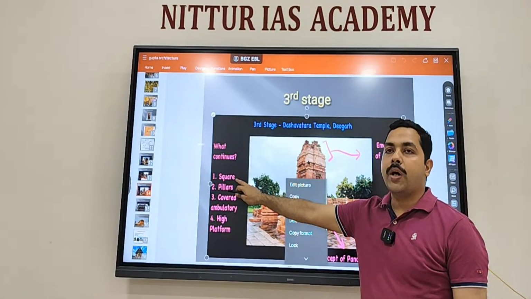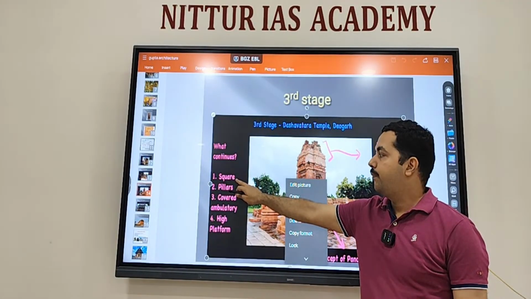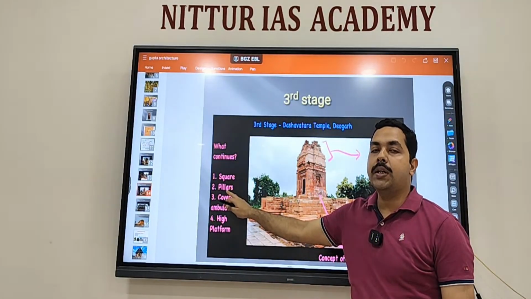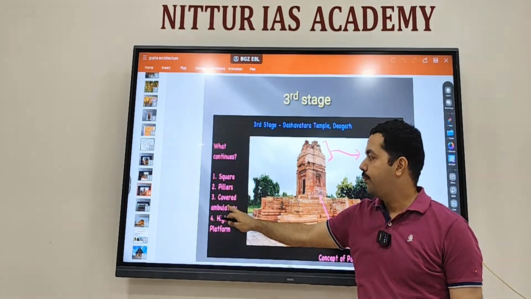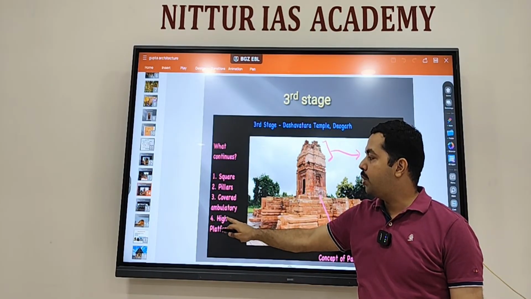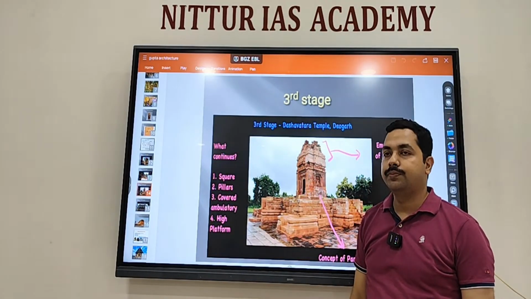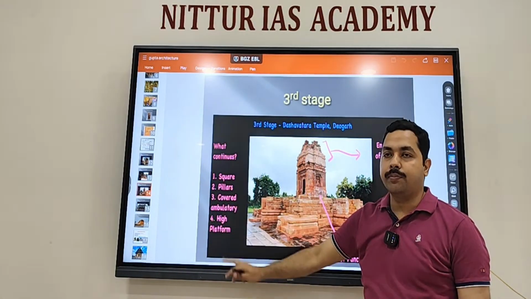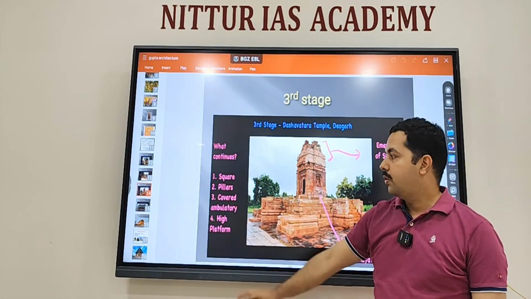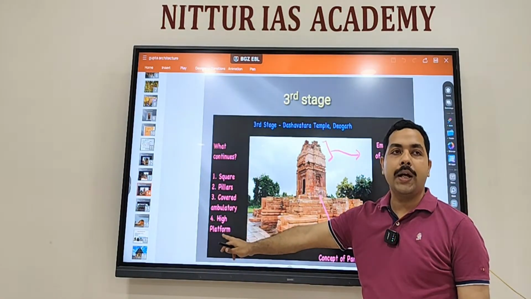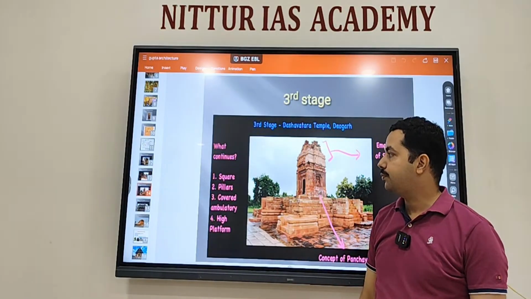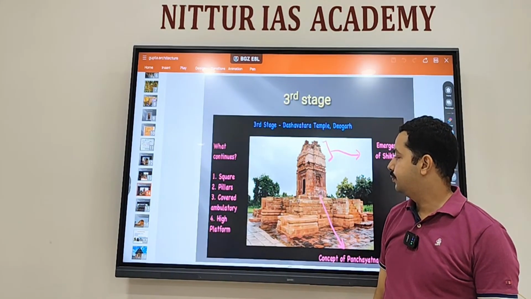Second, you write down square temple continues, pillars continue, covered ambulatory path and raised platform or high platform. These continue.